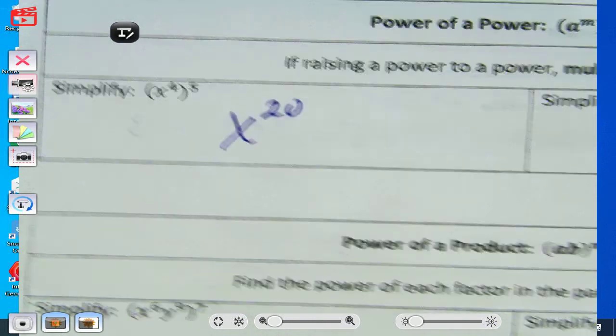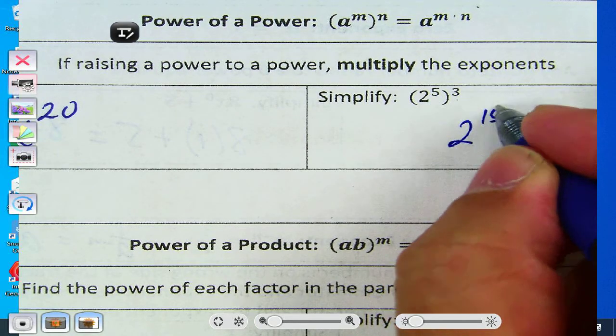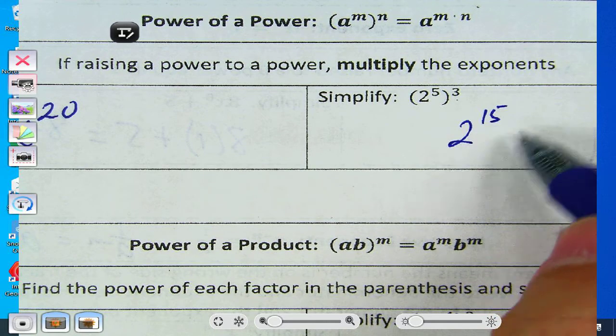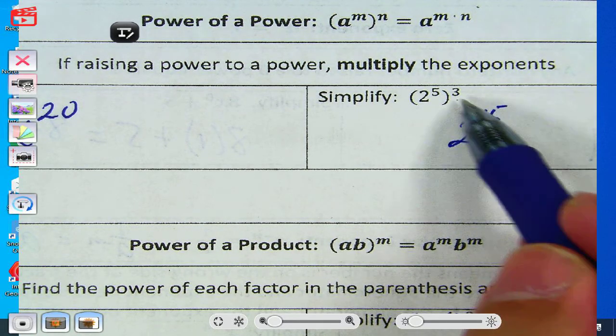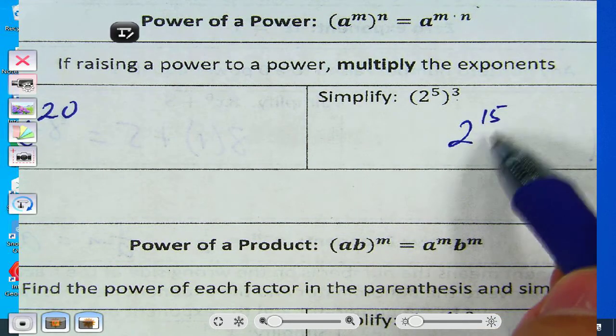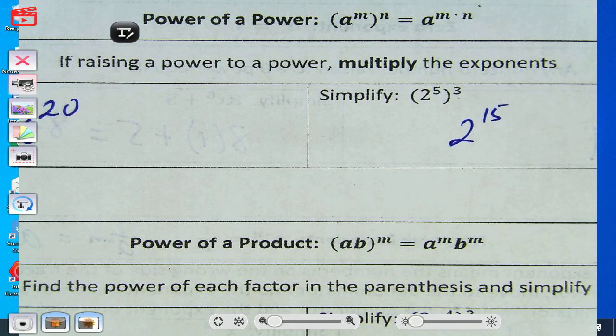Hey, that's a big number. What about this one? 2 to the... I wouldn't expect you to do that by hand. 5 times 3 I expect you to be able to do. But 2 to the 15, I'm going to just leave it like that. I know what 2 to the 10th is: 1,024. 2 to the 11th is 2,048. 4,096. 32,768.